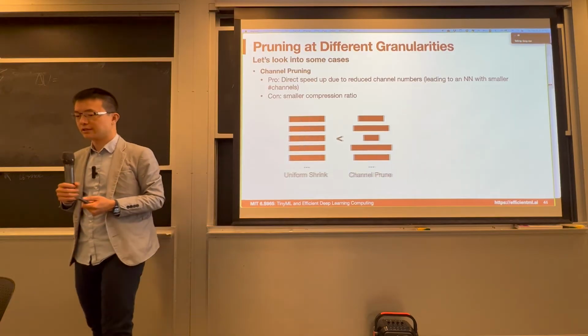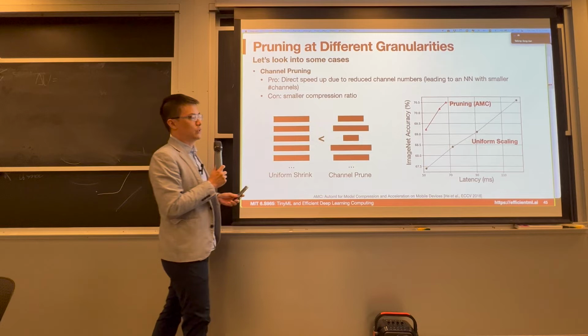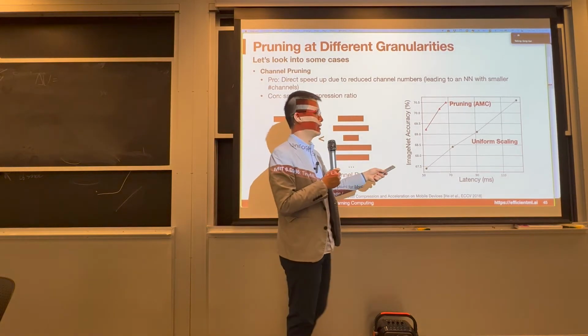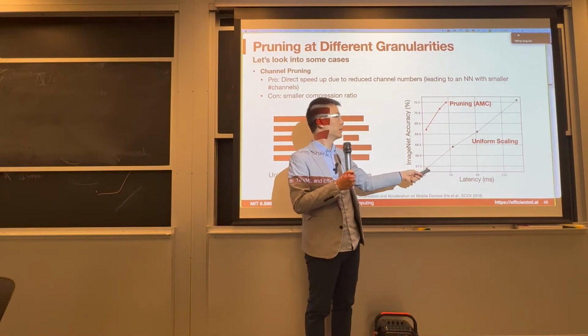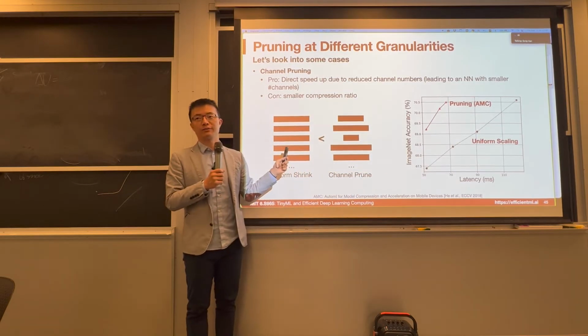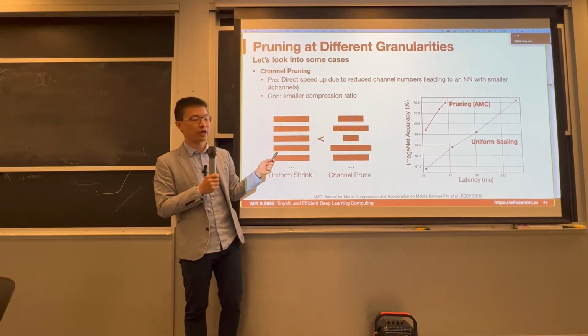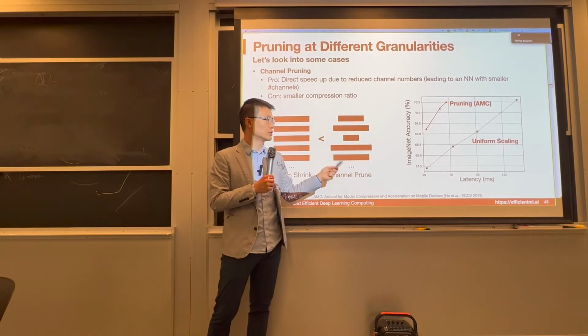Okay, so let's continue to talk about channel pruning. We experimented with the speedup, actually the latency, using two approaches. One is uniformly shrinking the number of channels in each layer, versus doing channel pruning.